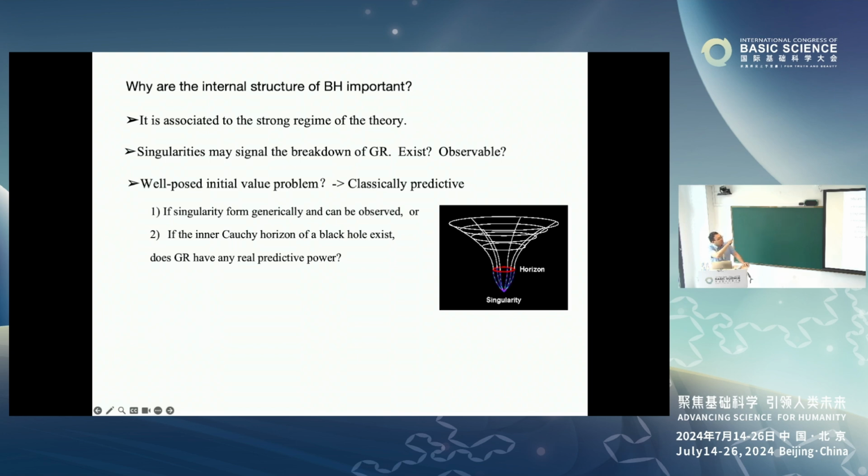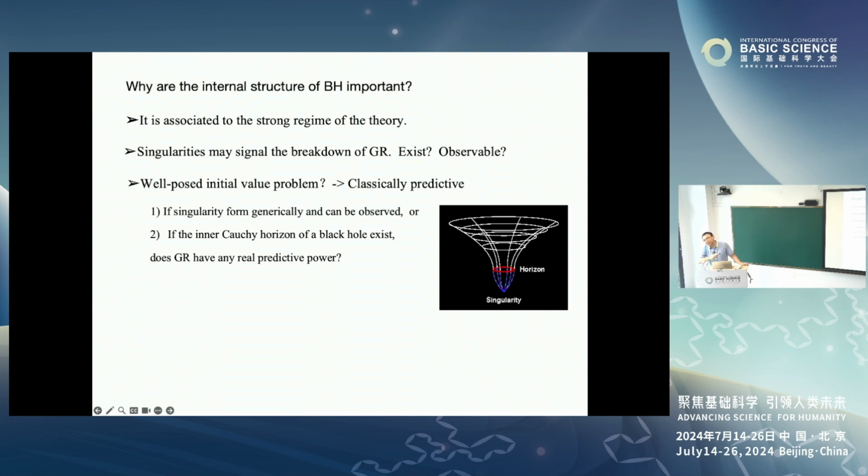And as we just mentioned, the singularity seems a ubiquitous feature in general relativity. So the singularity may be a hint that GR will break down near the singularity.